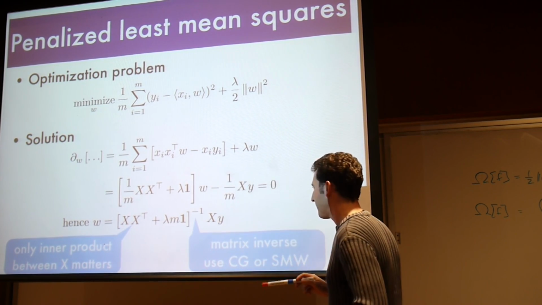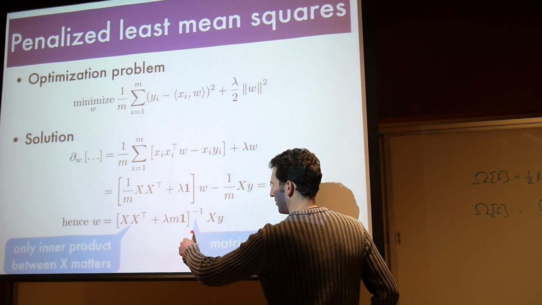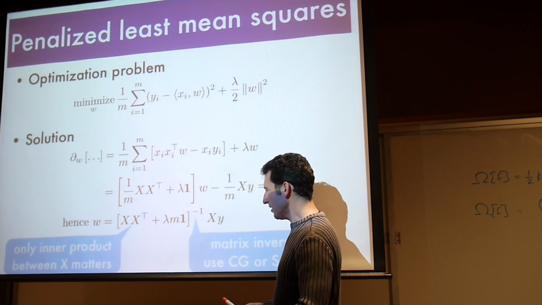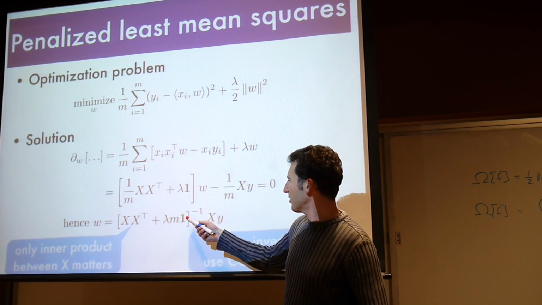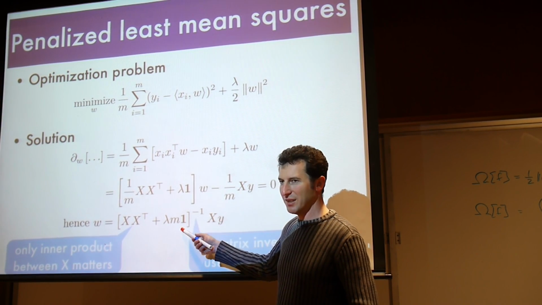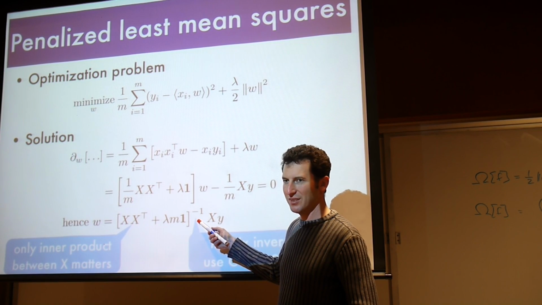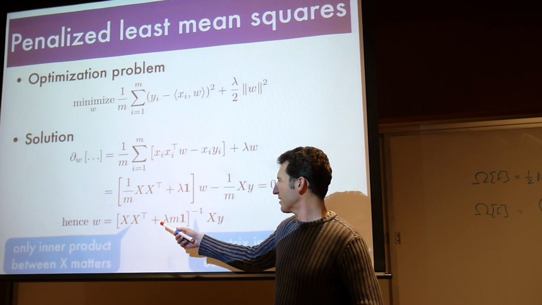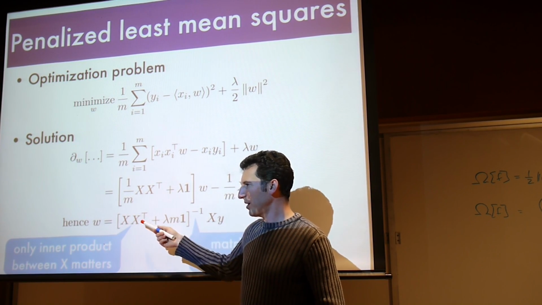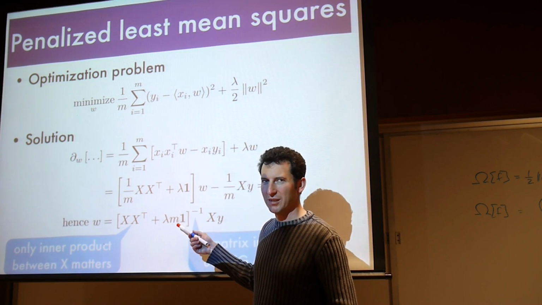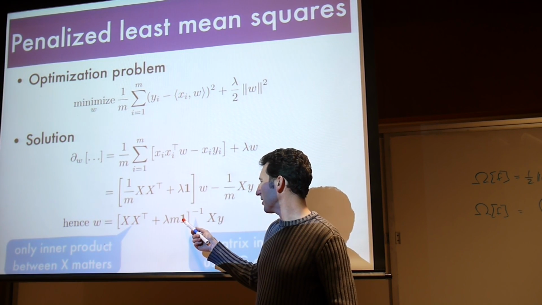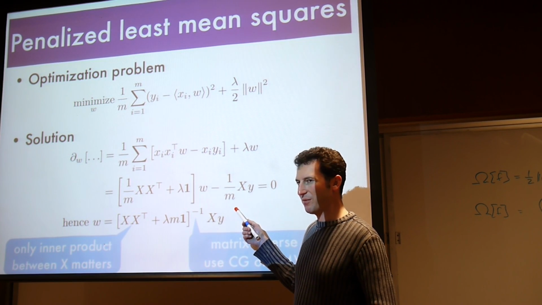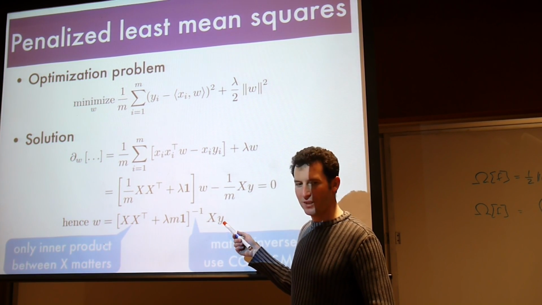So this is a matrix inverse. It can be fairly unpleasant. At the moment, this object is still as high dimensional as my data. So if X is in a million dimensional space and I have 100 instances, that's a million by a million matrix with rank 1 million, with the identity added. Likewise, this is a million dimensional object. So that's not very practical yet.